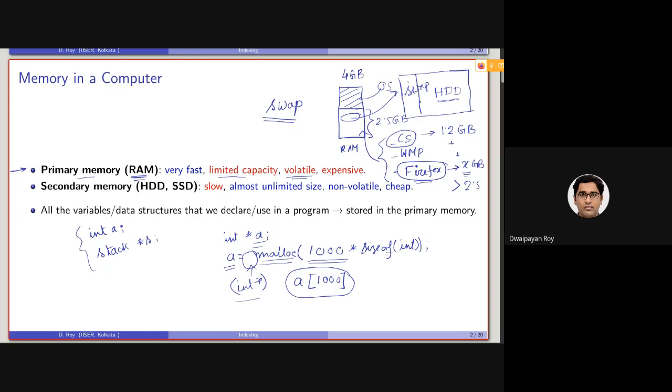And whenever you switch back to that tab in Firefox, it will be swapped back in. So it is basically swap out and then swap in. And while swapping in, it will again be swapping out certain memory spaces from the RAM into the swap memory.